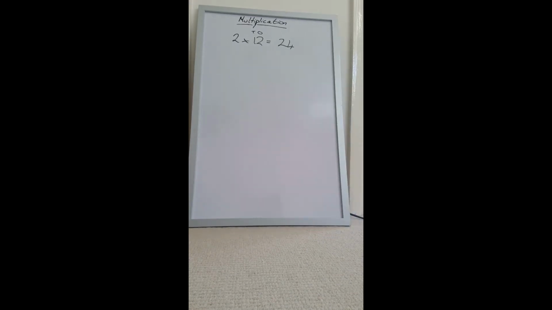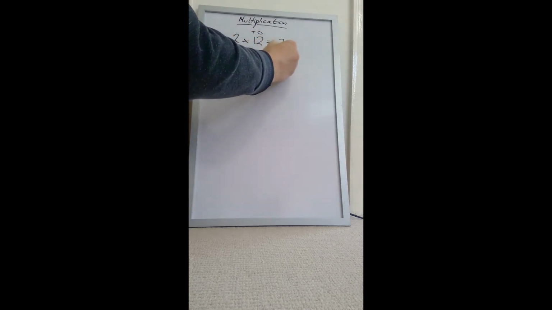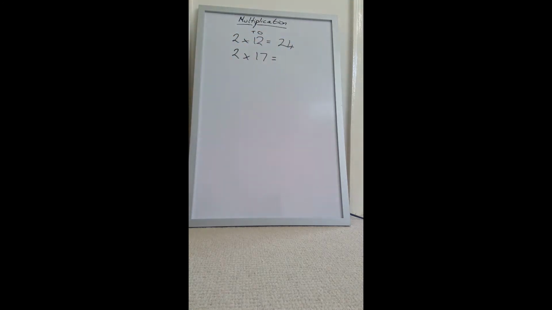So the problems that we solved yesterday were all fairly straightforward. The big difference yesterday was introducing the arrays with tens and ones. Today we're going to look at another type of problem, 2 times 17. When we solve this, we use the same methodology.